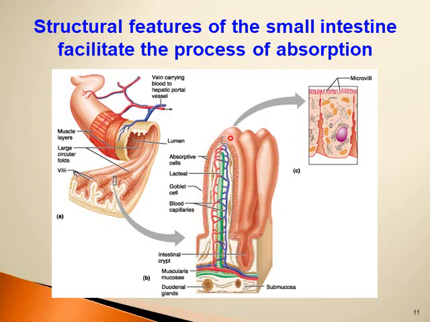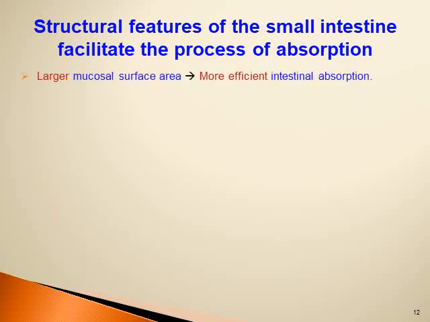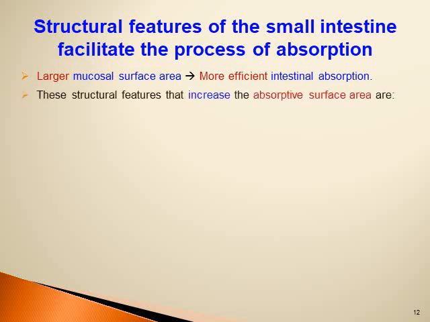If we take one cell here and we focus on that cell, we can see that the apical membrane, which is a phospholipid bilayer, is projected in very small finger-like projections that we call the microvilli. So larger mucosal surface area means more efficient intestinal absorption.